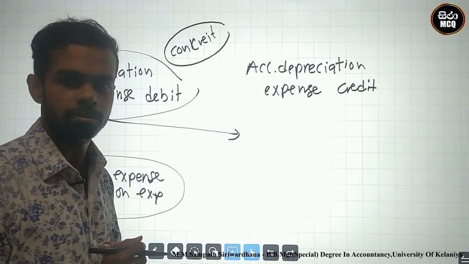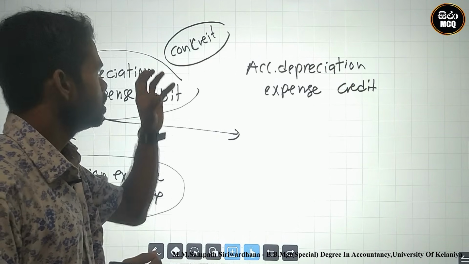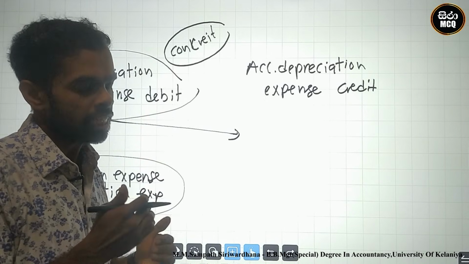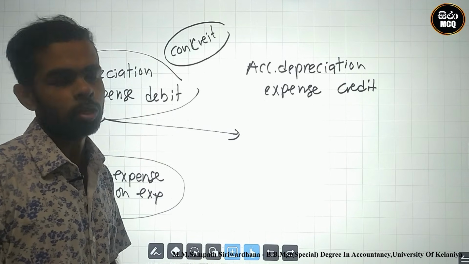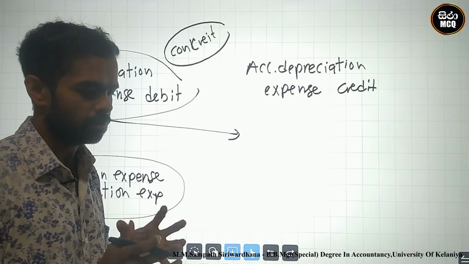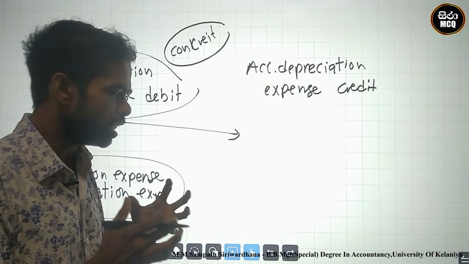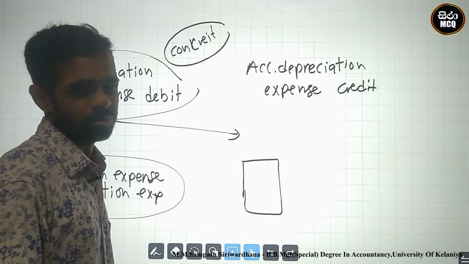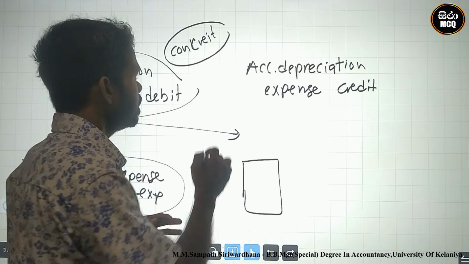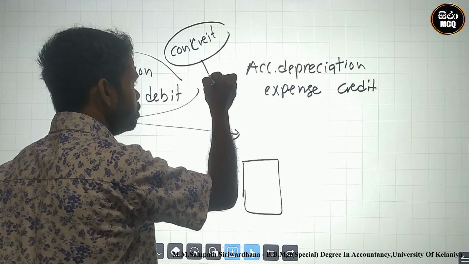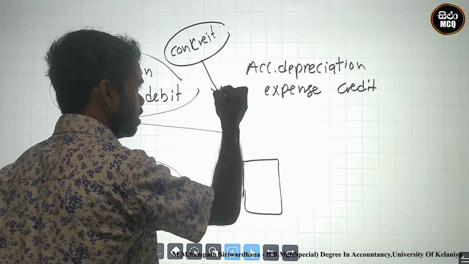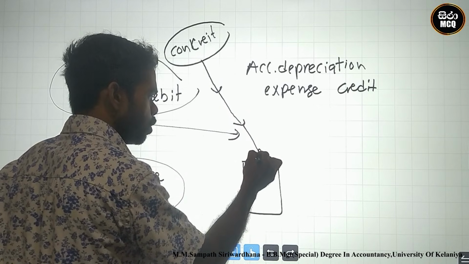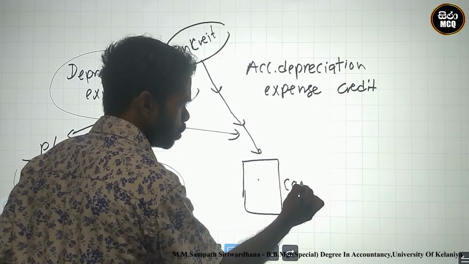Sometimes we identify its depreciation as administration, or sometimes this concrete mixing machine is used to create another asset. Using this mixing machine, we create a building for our own usage. At this time, this concrete machine's annual depreciation we can include in the cost of this building.